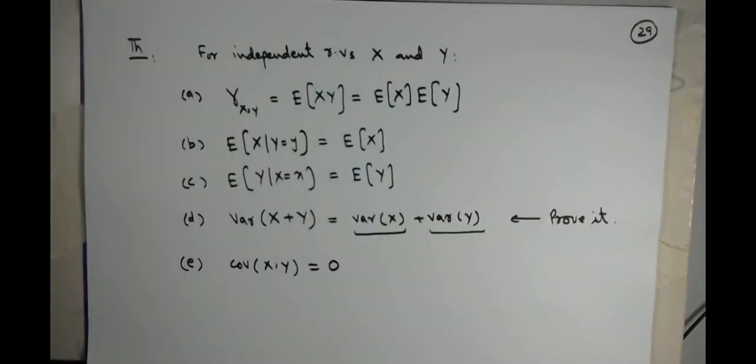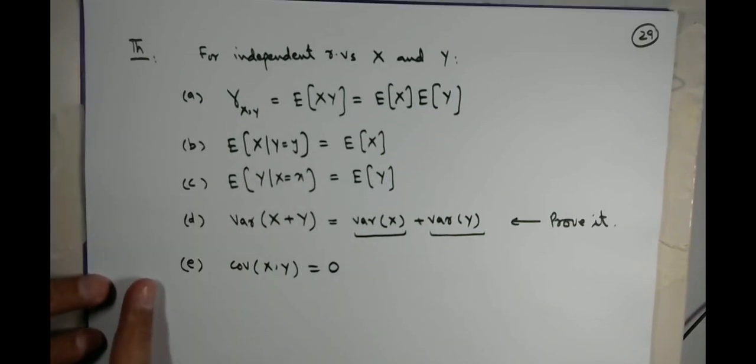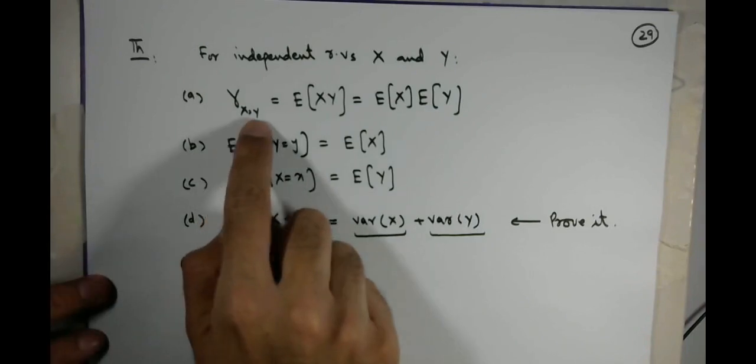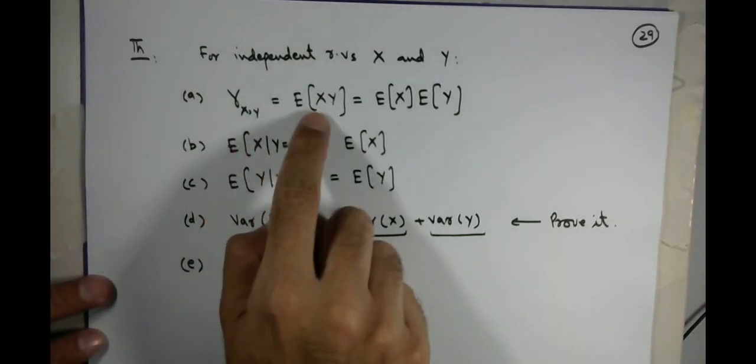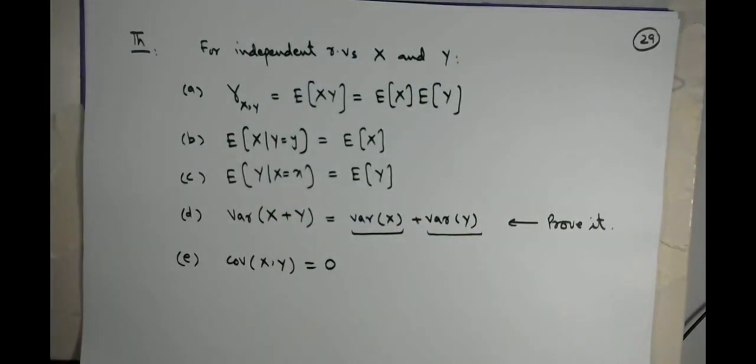Then we gave a quick hint on why independence is important, and this is briefly established through this theorem. If X and Y are independent, the correlation between the two can be written as the product of individual expectations. You need to prove this.